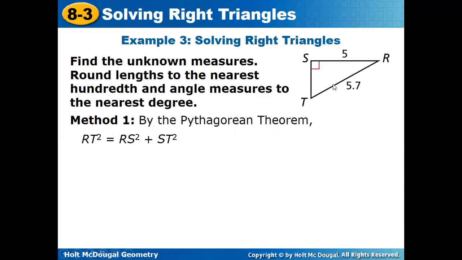So the hypotenuse squared equals the sum, meaning plus, of the squares of the other two legs of the right triangle.